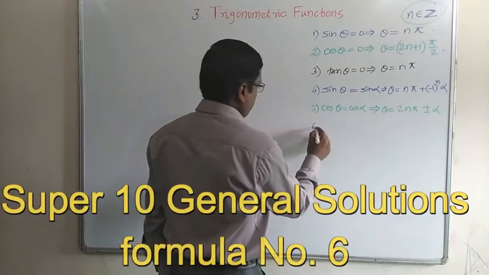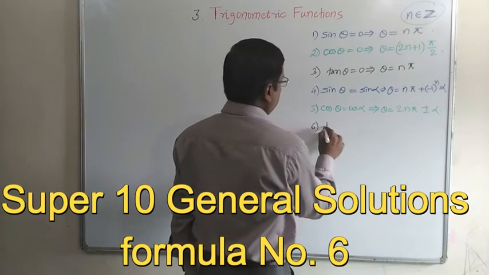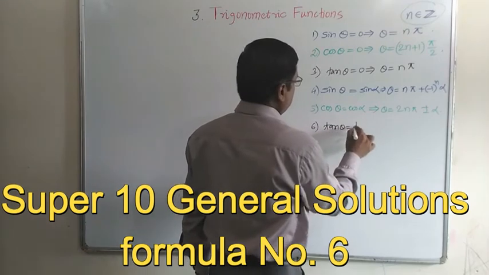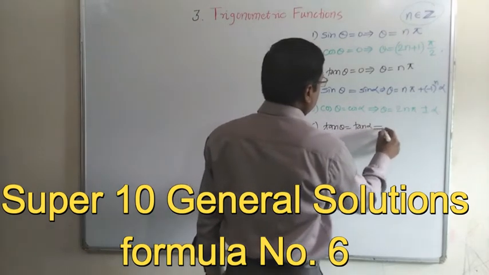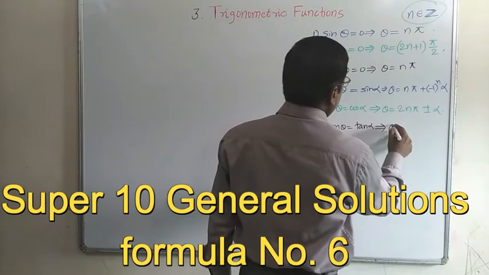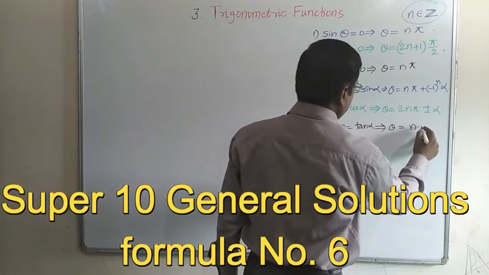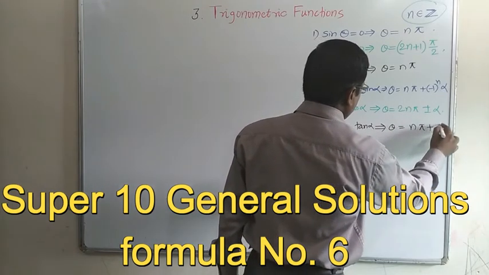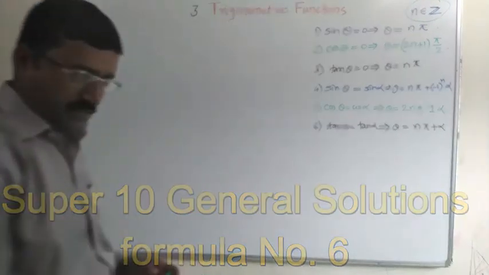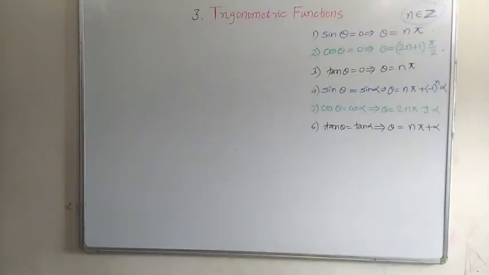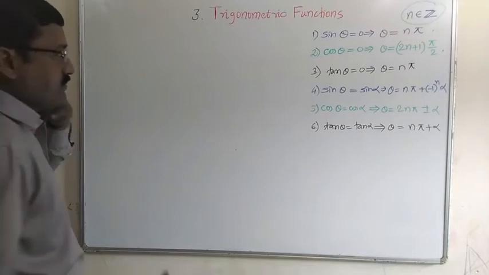Sixth result. Here result 6 will be related to tan theta. If tan theta is equal to tan alpha, then theta is equal to n pi plus alpha. Let us see how this result can be obtained.